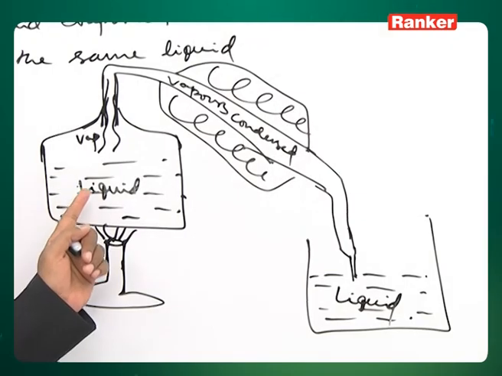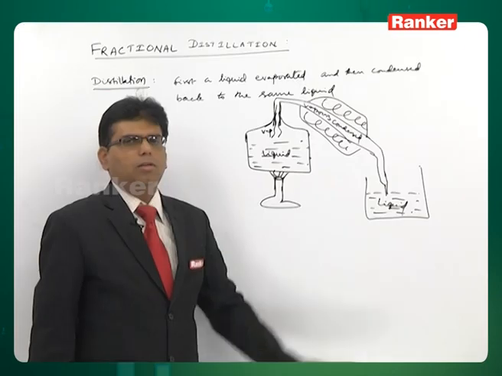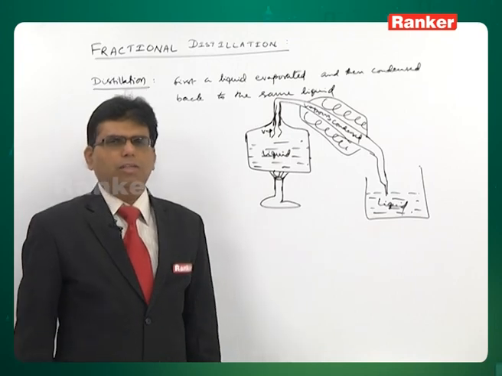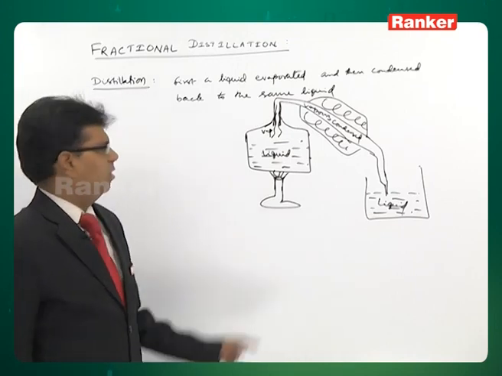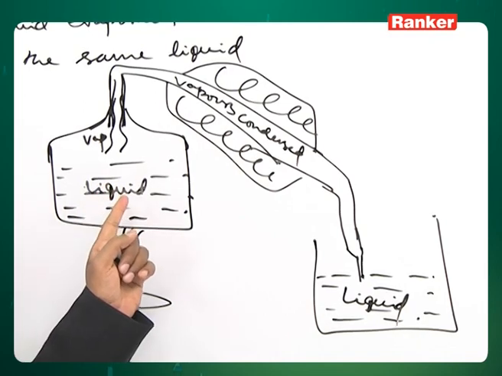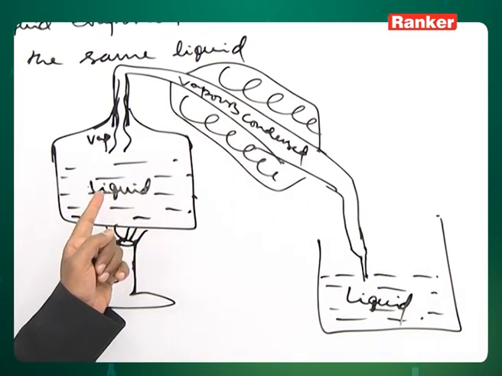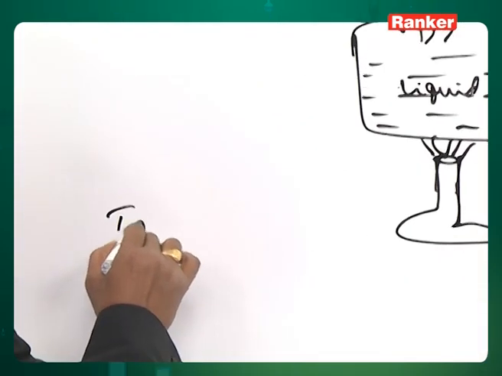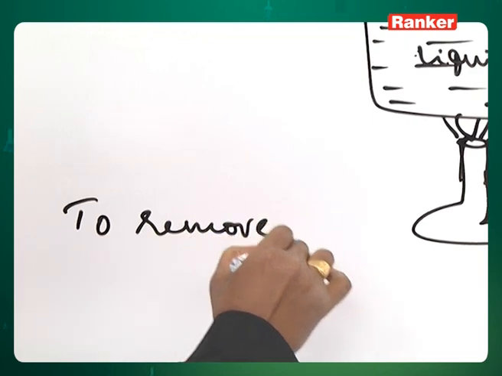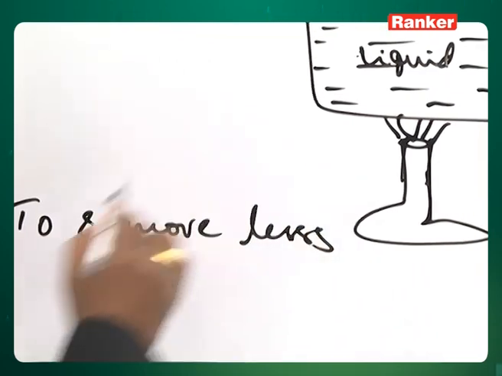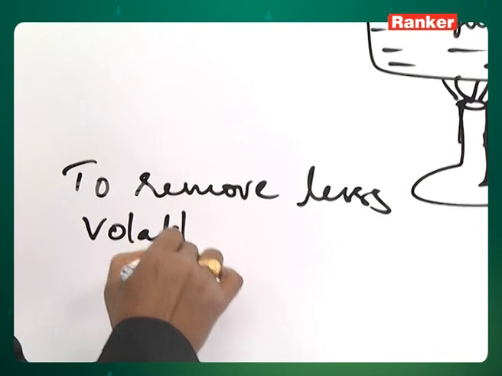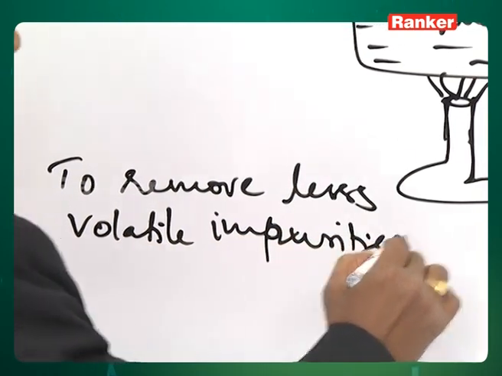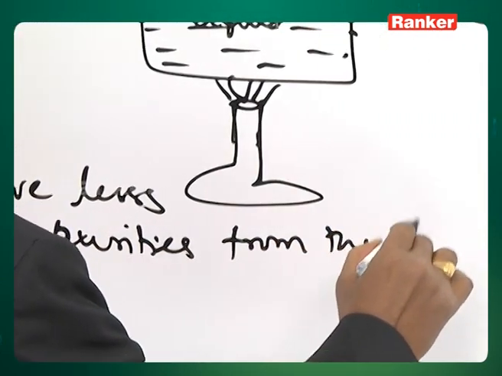What is the use of converting this liquid again to liquid? Why do we carry out this procedure? The basic purpose of this distillation is to remove less volatile impurities from the liquid.